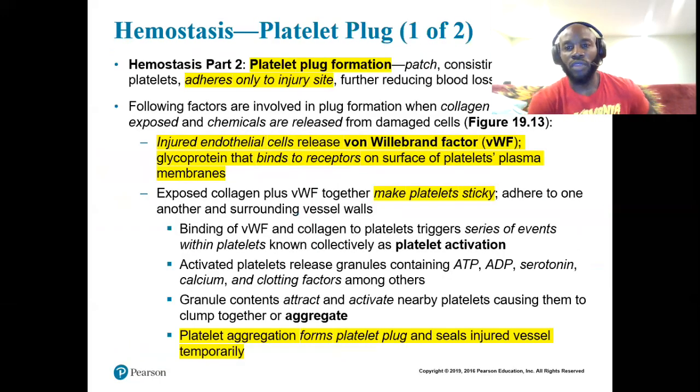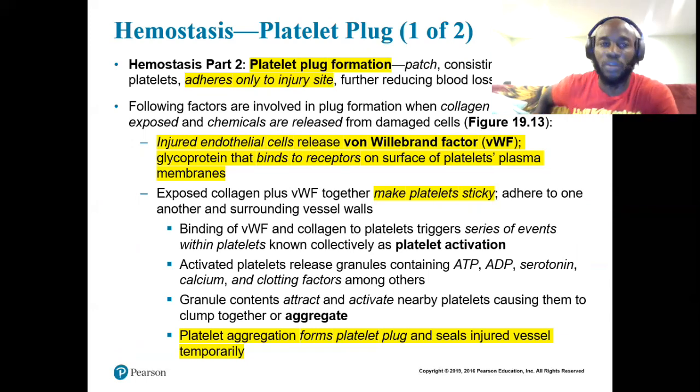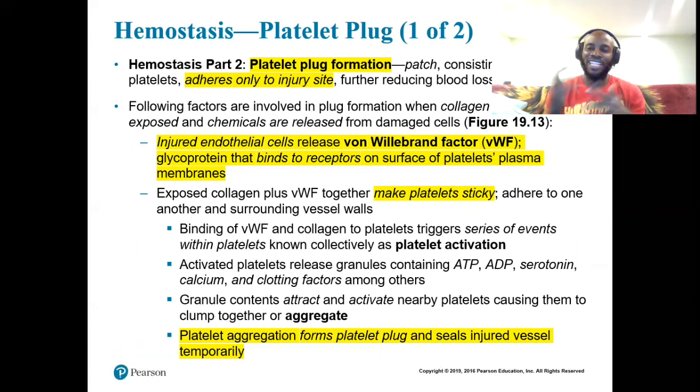All right. Step two. And this is where things start to get a little bit tricky. Step two is you have platelet plug formation. So the idea here is we want to slow down the blood flow.